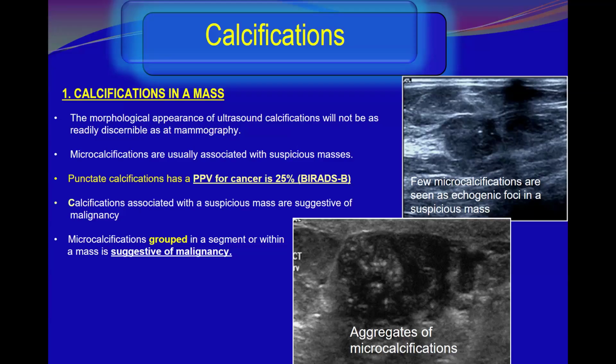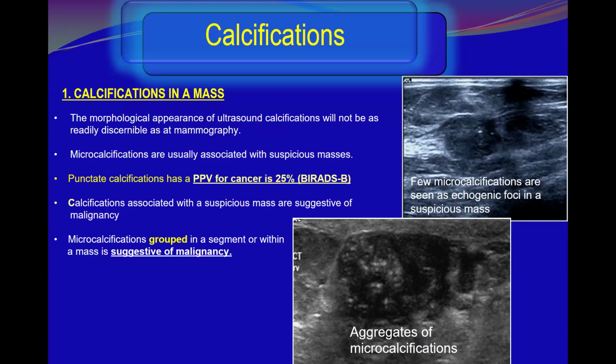However, if microcalcification is associated with a suspicious mass, then the microcalcification will be suspicious, as seen in this example. These are a few foci of microcalcification in this isoechoic mass, but because the mass has a suspicious morphological feature, this microcalcification is suspicious.